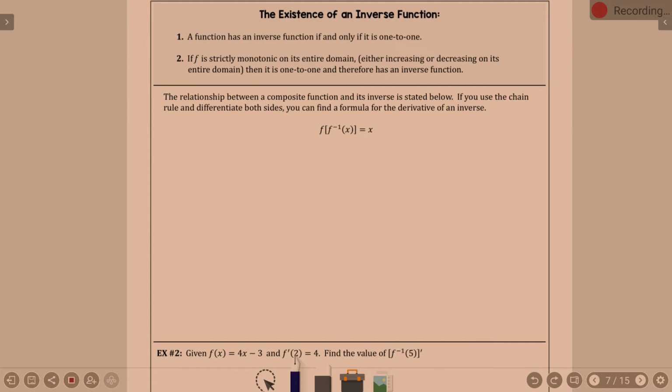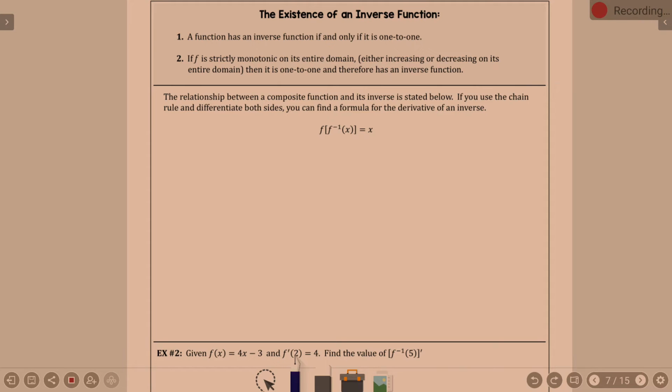Anyways, if f is strictly whatever, so either all increasing or all decreasing, then it is 1-to-1 and therefore has an inverse function.